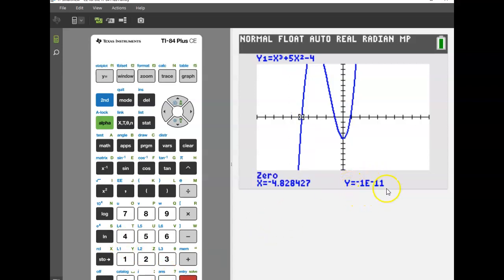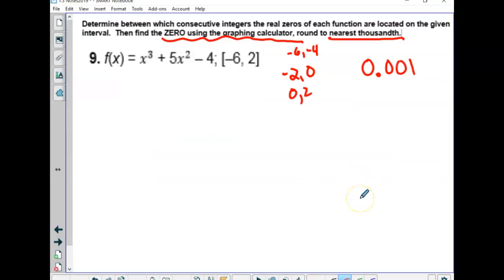So notice this is basically 0, right guys? Don't be fooled. So we're going to round this to 3 places, -4.828. By the way, if I trace and go -4.828, is it going to come out exactly 0? No, because we rounded, but it's closer. Close anyway. So write that one down. What was it? -4.828.